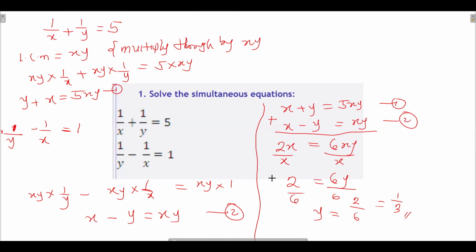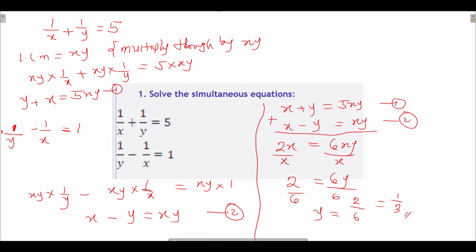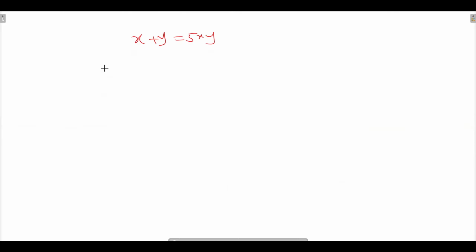And since my y is equal to 1 over 3, I can pick any of the equations. Say x plus y equals 5xy, and don't forget, y equals 1 over 3. Sorry, since y is 1 over 3, it's not going to be a multiplication there.